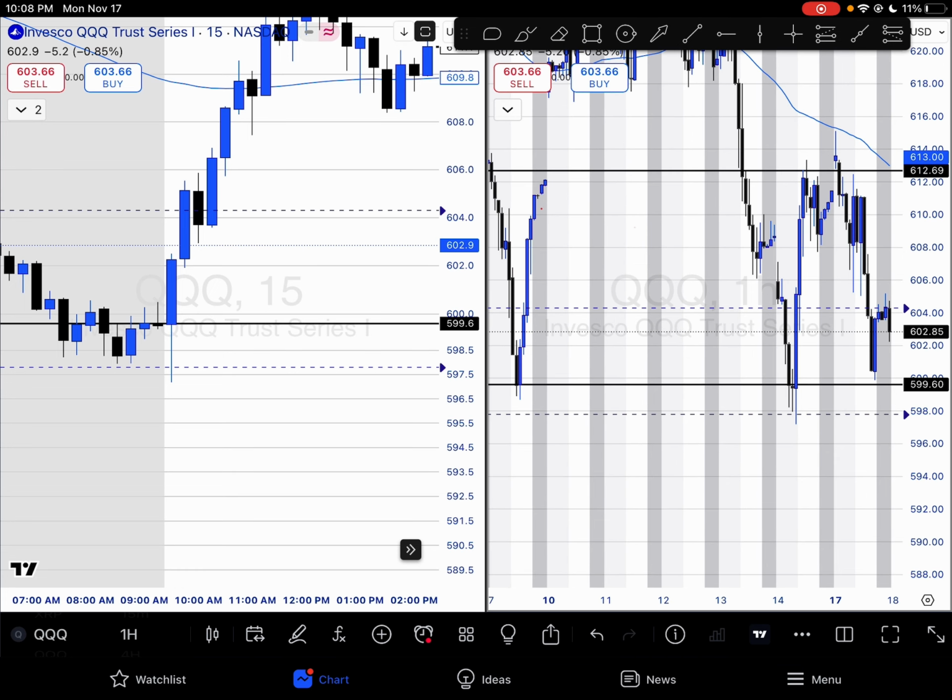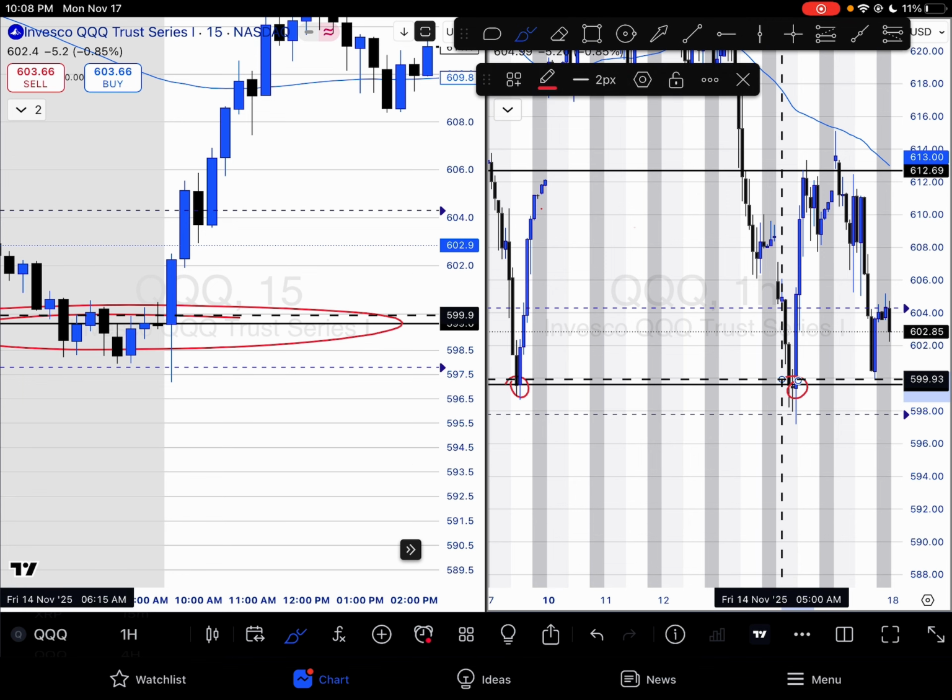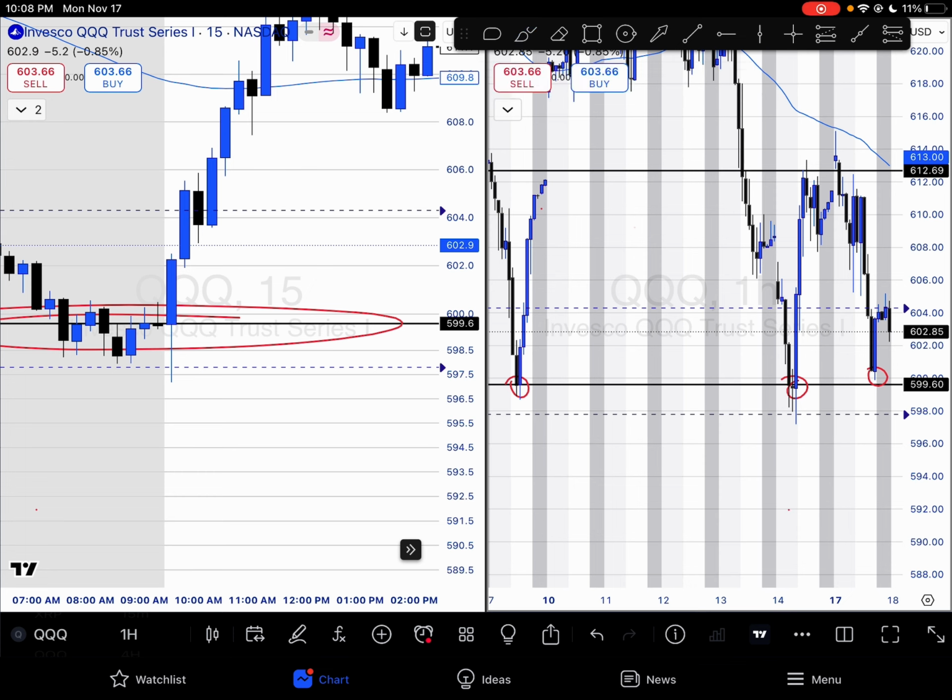This is clearly a point where price wants to be. Clearly. Now, at these zones, whatever happened prior is likely to happen again.